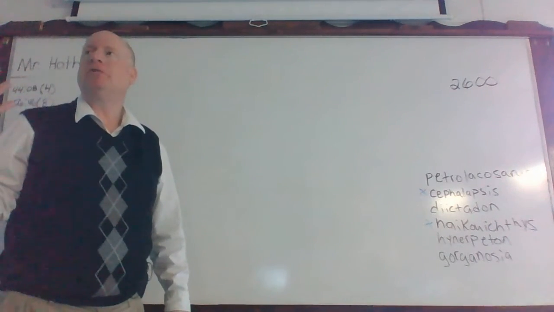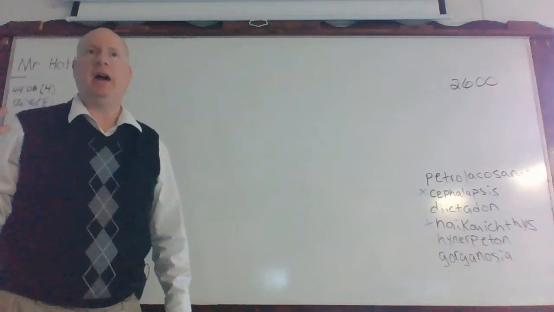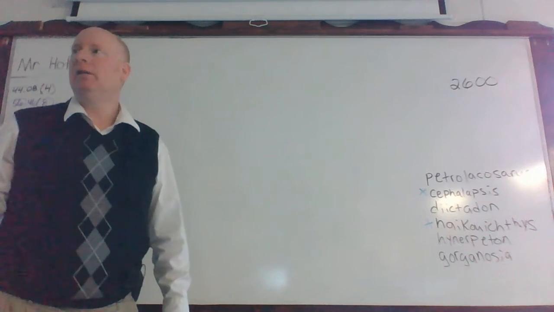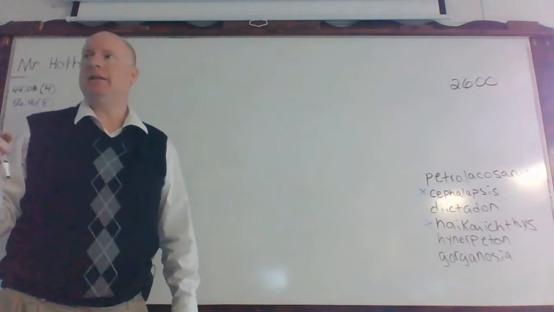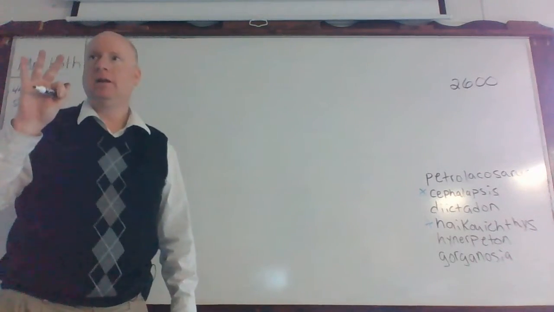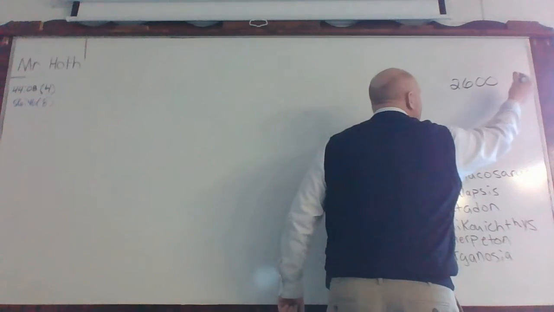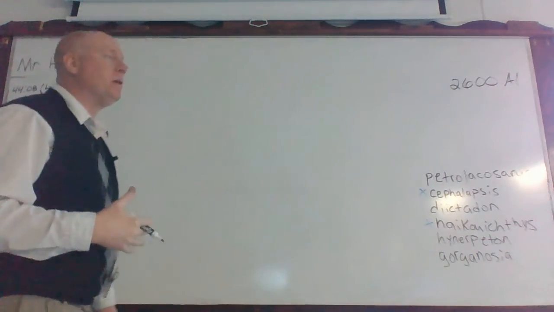How many times larger is a kilogram than a gram? 1,000 times. So if that's a power of 10 from 1 to 1,000, how many powers of 10 is that? 3. So you multiply 2.6 by 1,000, you move it over. So this should be our answer, 2,600 grams of aluminum.